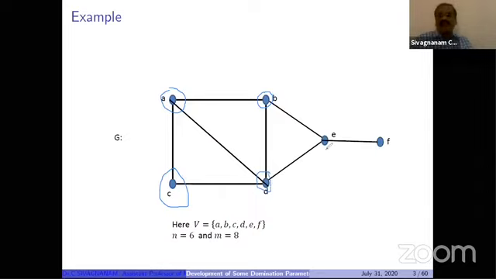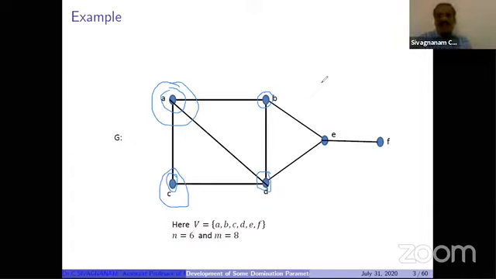E cannot be available because E is not adjacent with A. F is not adjacent with A. But this A is adjacent with C, so the vertex A is available in NA, and vertex C is adjacent with A, so C is also available in NA. So what is NA here? The vertex set A, B, C, and D. It is NA. Okay, so we can understand easily what the neighborhood set is now.